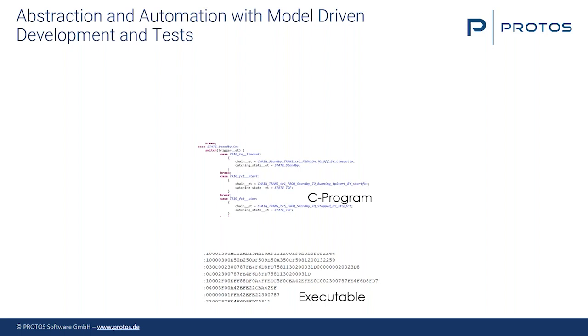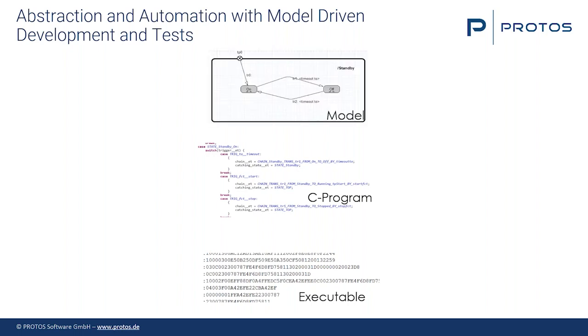So this could be something like a state machine. That's a really technical description of what the program has to do. But what we really want is to describe it on a high level of abstraction. We want to describe what it has to do, not how.